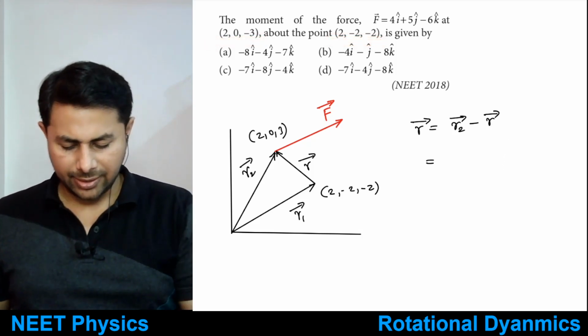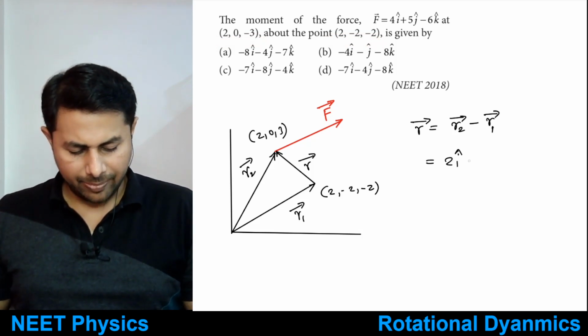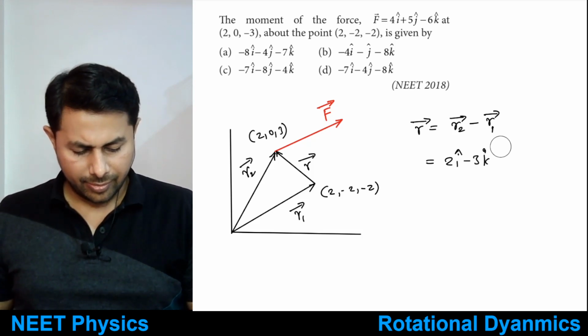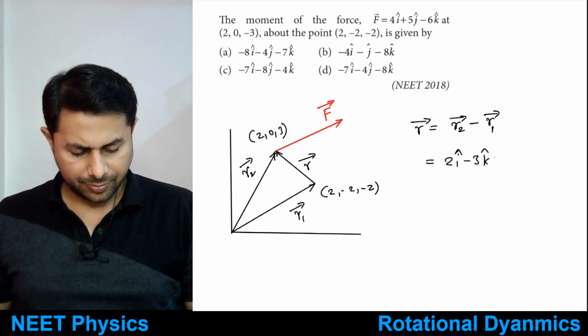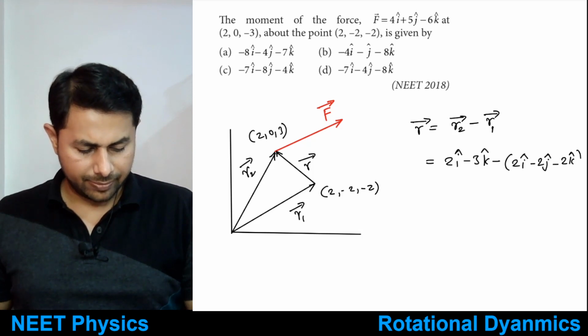So R2 bar minus R1 bar, and that is 2 I cap plus 0 j cap minus 3 k cap, minus 2 I cap minus 2 j cap minus 2 k cap.